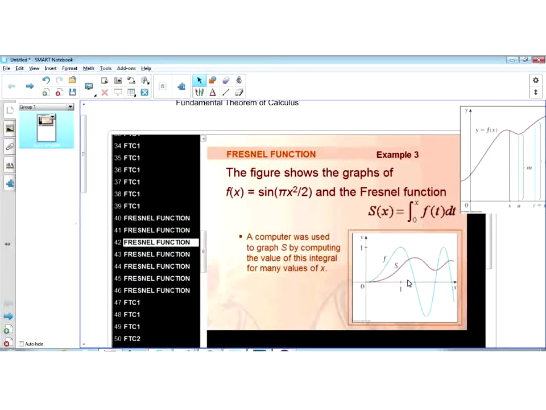So we see f of x graphed, and the Fresnel function. A computer was used to graph S by computing the value of this integral for many values of x. So there's the integral S at different values of x.